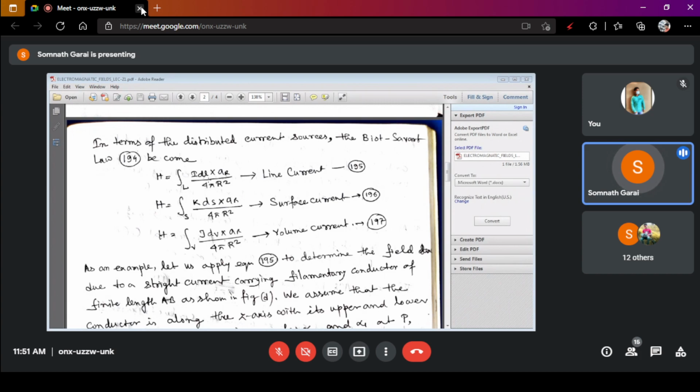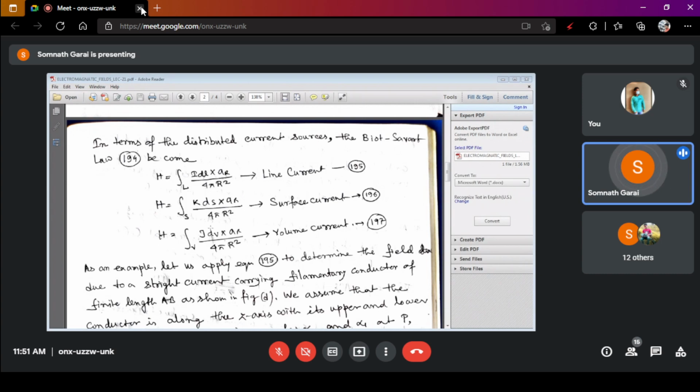Now, similarly, for a surface current, H is equal to the integral over S of K cross aR ds divided by 4 pi R square, where ds is the differential surface area. In Cartesian coordinates, it will be dx dy or dy dz. In spherical coordinates, it will be dr d theta or dr d phi, and so on.